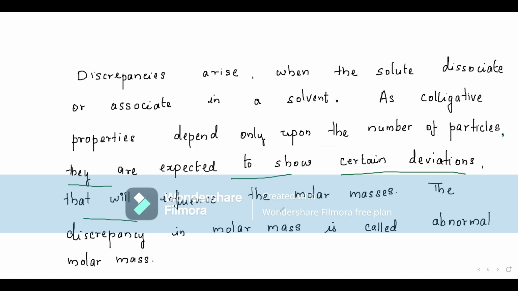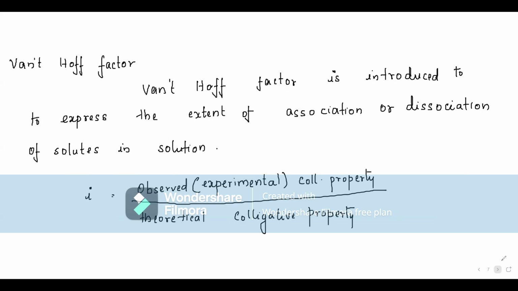These deviations will influence the molecular mass. So such discrepancy in molar mass or molecular mass is called abnormal molecular mass. So this is because of association or dissociation.